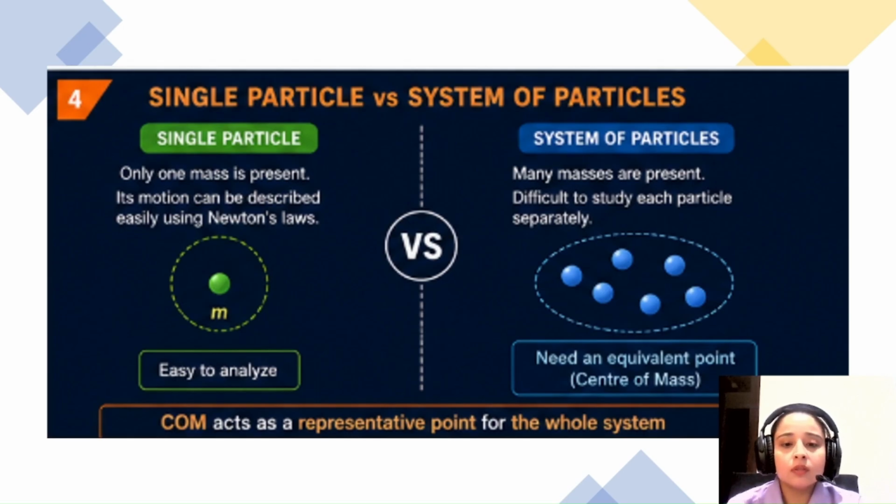So, let me give you a very simple example in order to understand a single particle and a system of particles. Let me give you an example of a tennis ball.